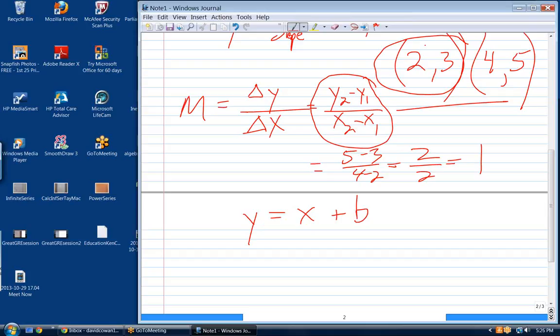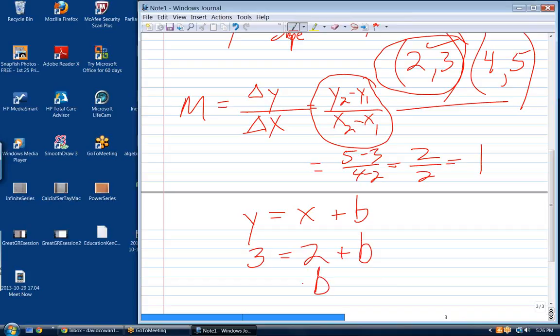So let's pick the point that's the lowest numbers, the easiest one to do the math, and plug in 3 for y and 2 for x. So it would be 3 equals 2 plus b. That tells us b equals 1. Now we can go back and write the specific equation for this line, y equals x plus 1.